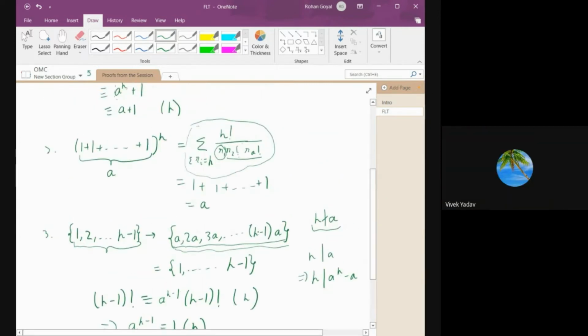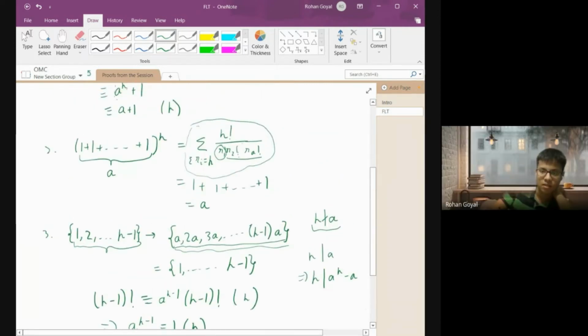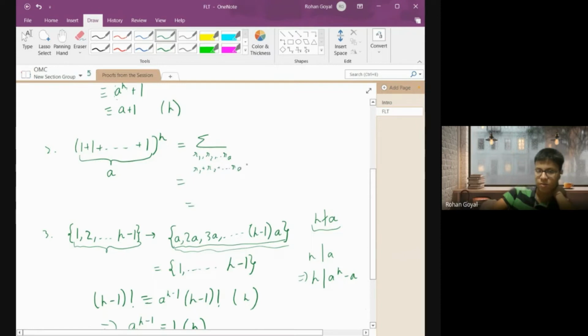Yeah. Okay. So what is this? Just like by multinomial expansion instead of binomial, what is this equal to? It's the summation over r1, r2, up to ra such that the sum of all these r's is equal to p, and you're doing p choose r1, r2, up to ra, into 1 to the p, right?